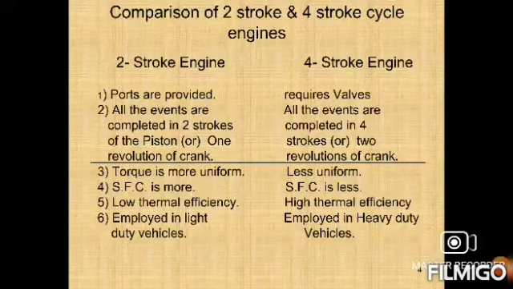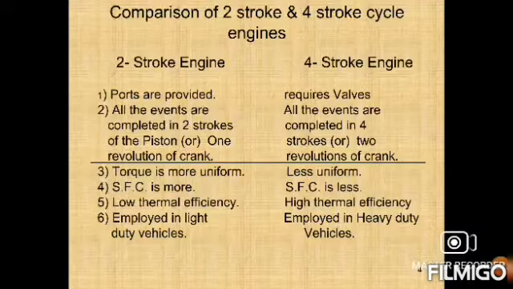The function is the same: in the suction stroke, air and fuel enter the engine cylinder through the inlet port or inlet valve, and the burnt gases exhaust through the exhaust port or exhaust valve. We call them ports in a two-stroke engine and valves in a four-stroke engine.